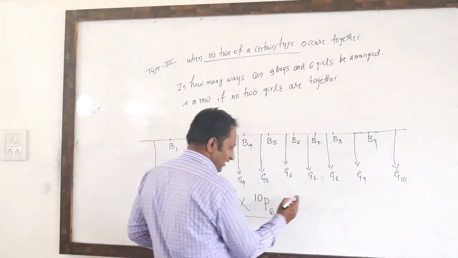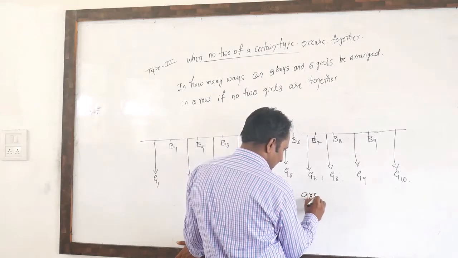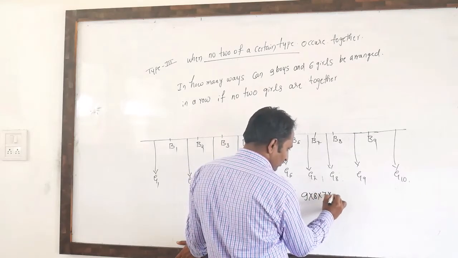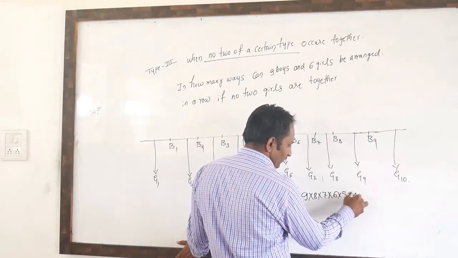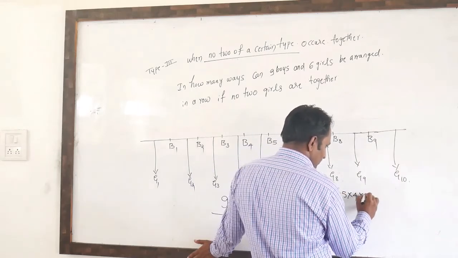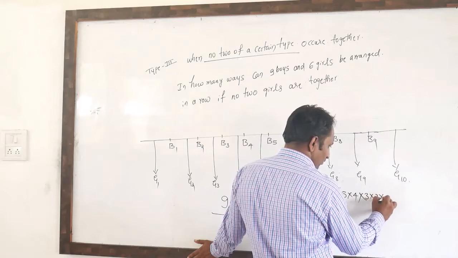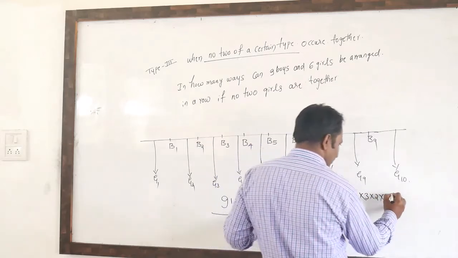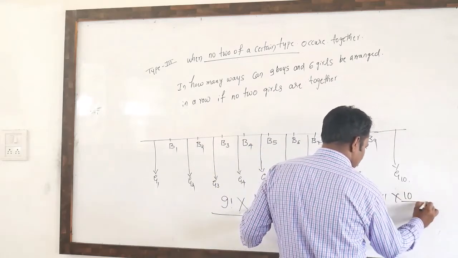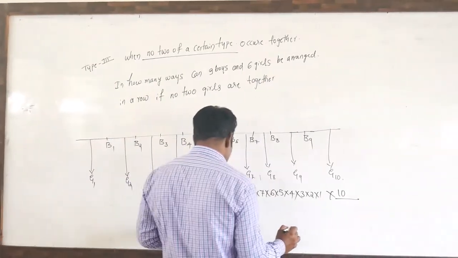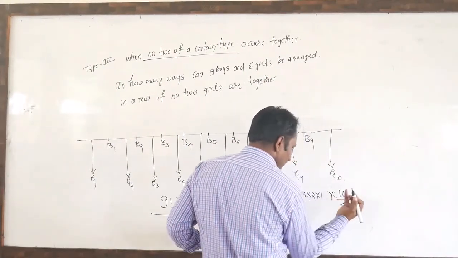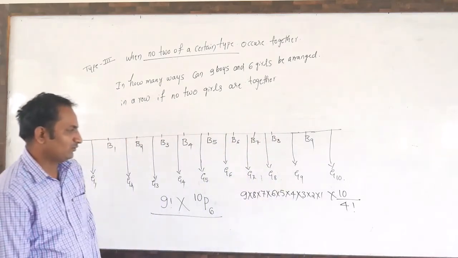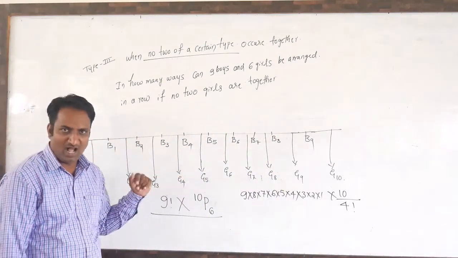Here we can simplify 9 into 8 into 7 into 6 into 5 into 4 into 3 into 2 into 1, and 10 factorial divided by 10 minus 6, that is 4 factorial. Simplifying, we get the answer.